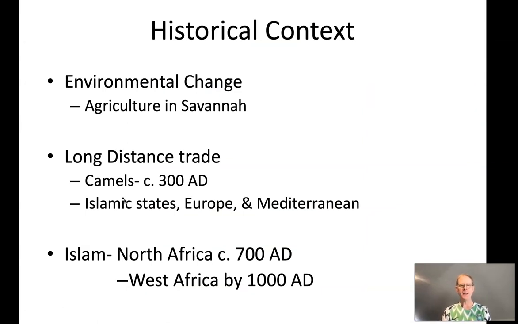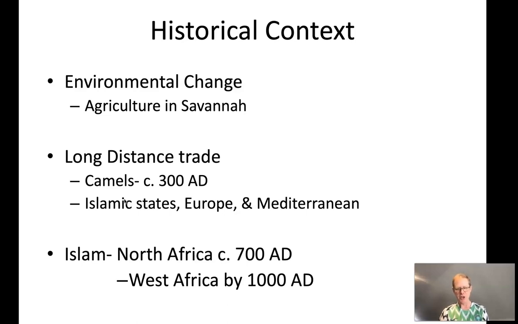We're looking today then at three factors. One is environmental change and the impact that's going to have on agriculture in the savanna zone. Secondly, we're going to look at the growth of long-distance trade, which is going to be facilitated by a couple of things, including the introduction of camels in about 300 AD. That's going to be vitally important because of the first mentioned thing there, the environmental change.